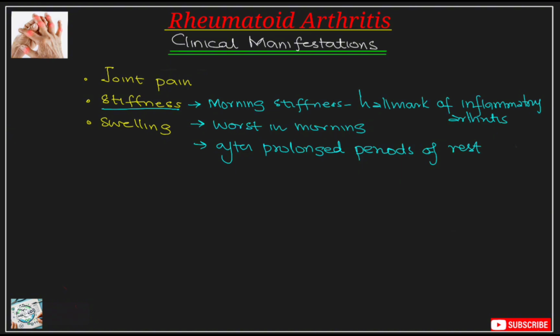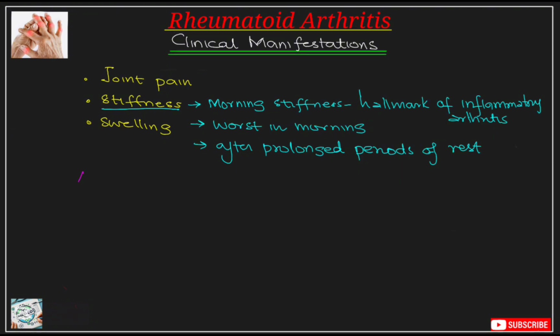Unlike the osteoarthritis, where movement makes things worse, in RA, the stiffness actually improves with activity as the joints get moving. So, in summary, slow onset, symmetrical joint involvement, persistent morning stiffness, and improvement with movement. These are the key red flags that should make you suspect RA in clinical practice.